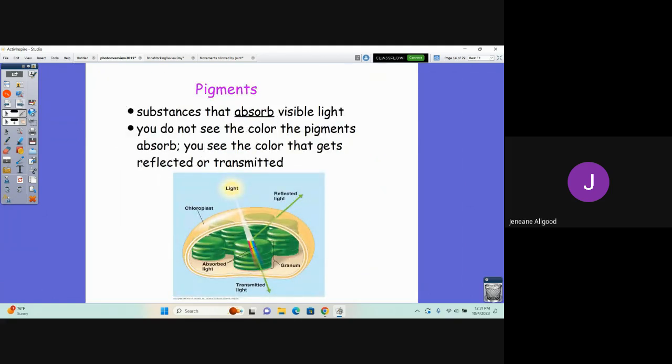All right. So pigments. So pigments are going to be substances that absorb visible light, and those pigments will be found on these thylakoid membranes.